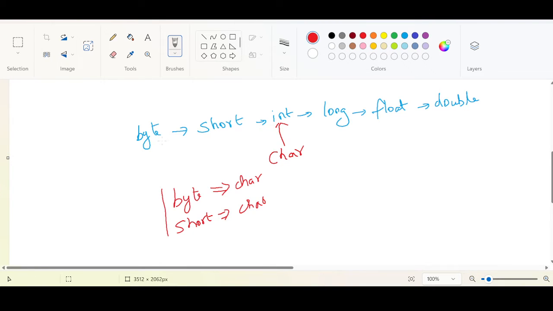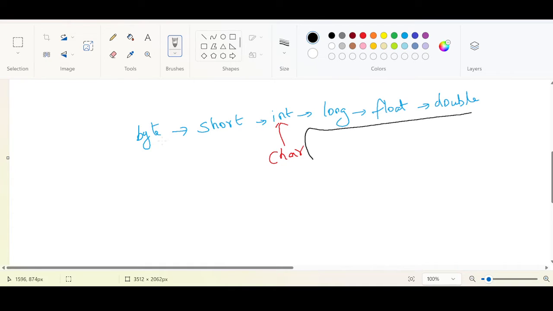This is not possible in Java. If you ever have to convert the character data type to any other data type, the flow has to be like this. Character can be promoted to integer, long, float, double, but not short or byte, not in the reverse direction.